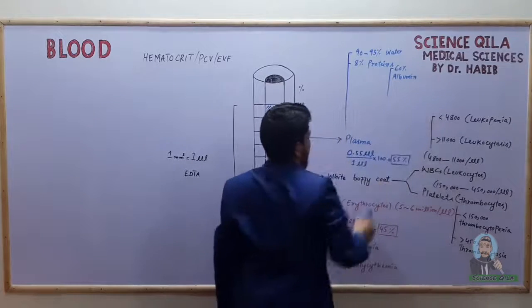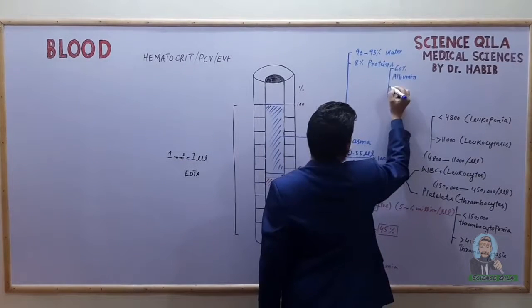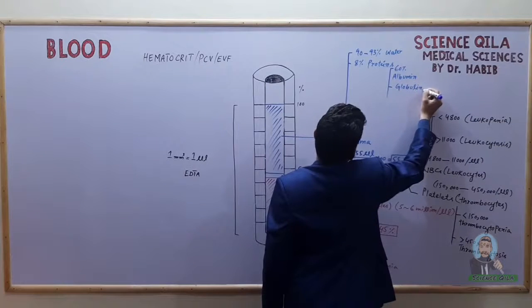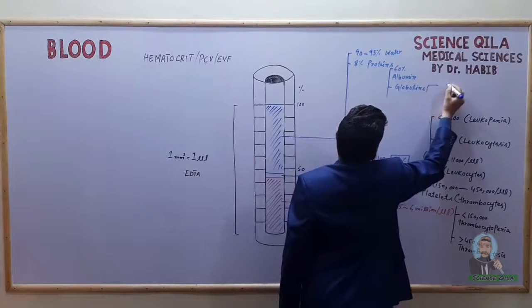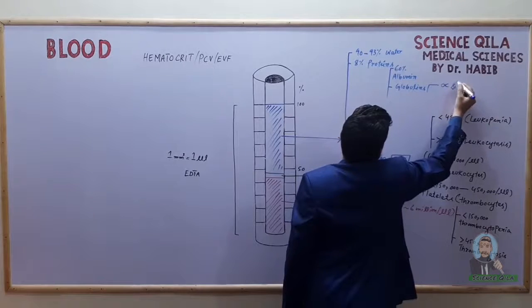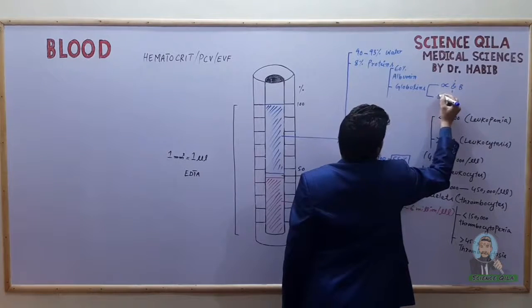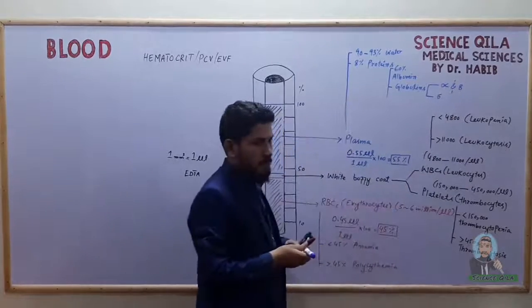We also have in plasma globulin proteins, like alpha and beta globulins and gamma globulins.